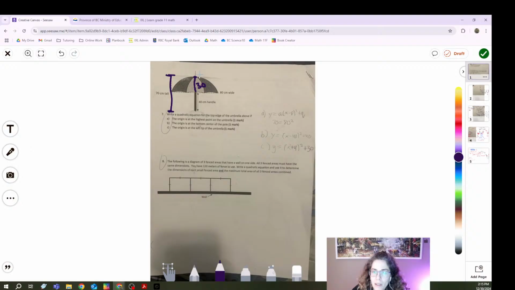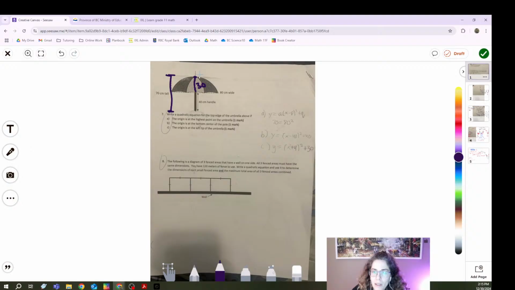A negative A, if X and P are just 0, then it makes no difference to put in a 0, 0 there, negative AX squared. Now how do I get the A? Can I take this as a coordinate? I could take this as a coordinate, I suppose, because this would be negative 30 plus 40 if that's 0, 0.